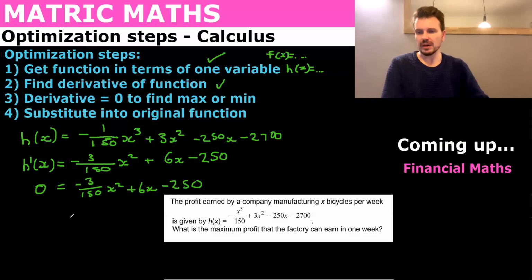Okay, now what I want to do is a little bit complicated. This 3 over 150 is actually the same as 1 over 50, so I'm going to make it 1 over 50.